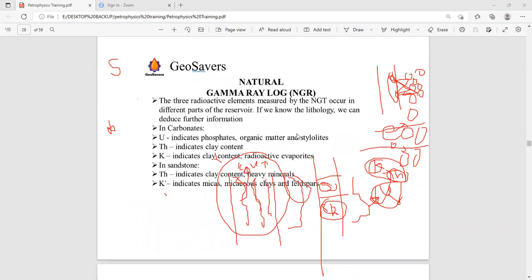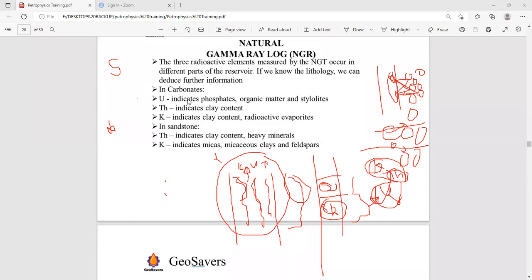It was unfortunate that it came after that, but we have already talked about this. The uranium, where does it come from? It indicates phosphate and organic matter. Thorium indicates clay content, potassium indicates clay content, radioactive evaporites. We also have feldspathic sandstones and the like.